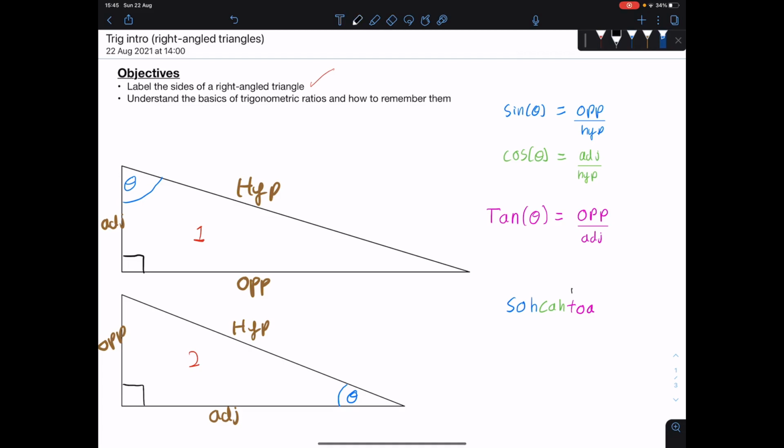So the T means tan theta, and then this is equals to the opposite for the O, and this is divided by the adjacent side for the A. So the first letter represents the trigonometric function, and that is equals to the side that is represented by the first letter divided by the side that is represented by the second letter.